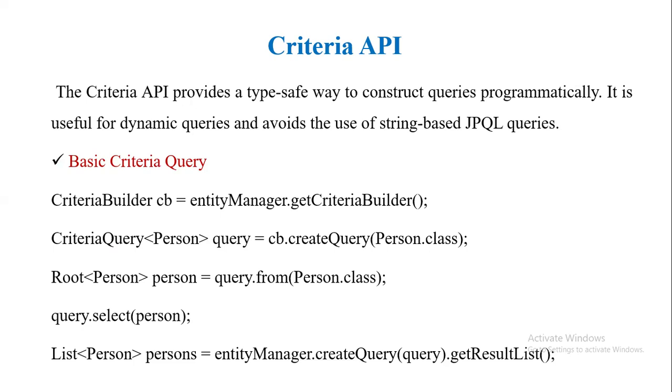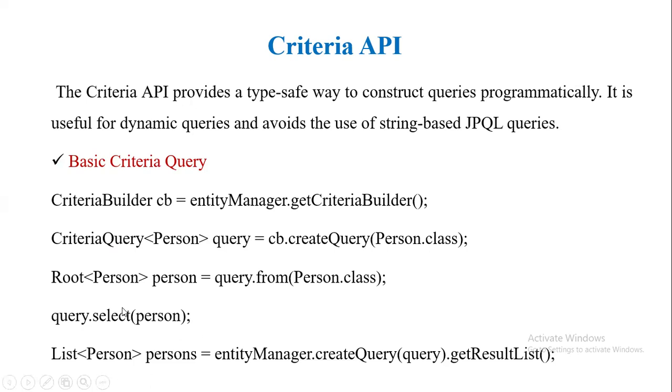And next we have Root<Person> person equal to query.from(Person.class), which defines the root entity for the query. The root entity is Person. And next line we have query.select(person).